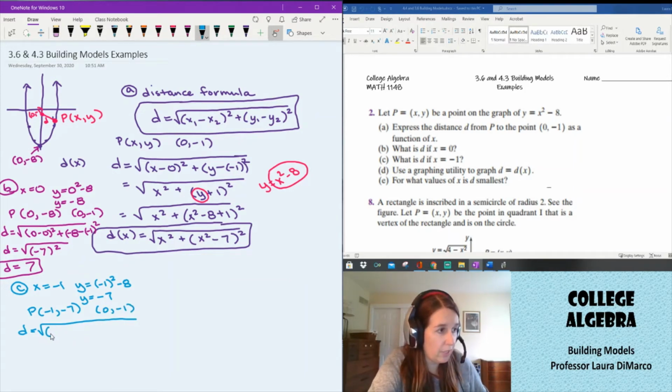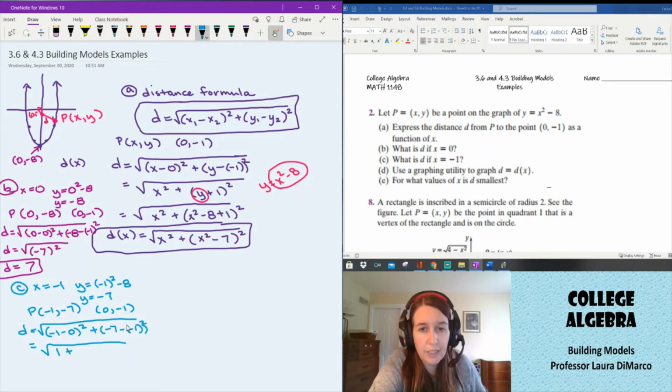So let's do that. -1 minus 0 squared plus -7 minus -1 squared. Let's simplify that. That's (-1) squared, so that's 1, plus, and then this is -7 plus 1. I missed a parenthesis again there. And -7 plus 1 is -6.